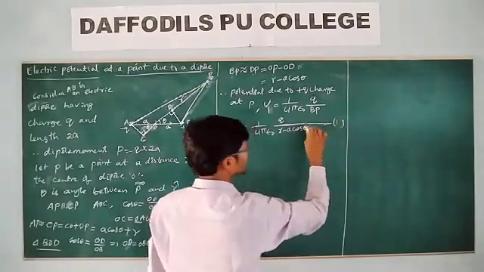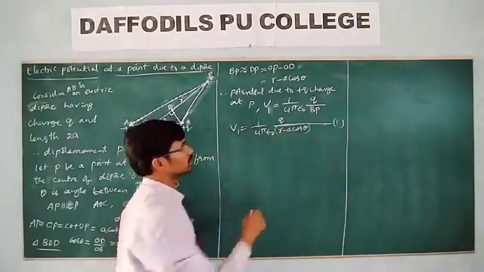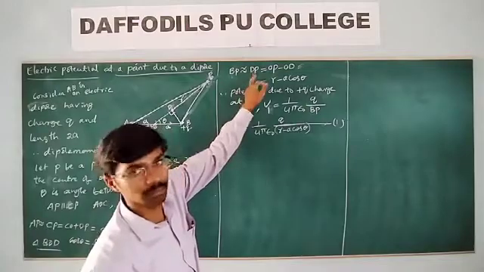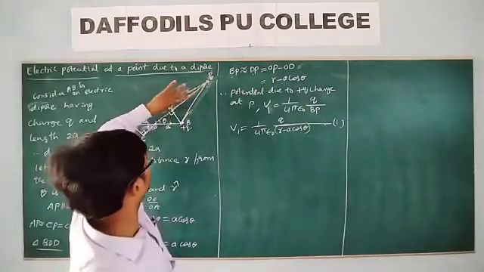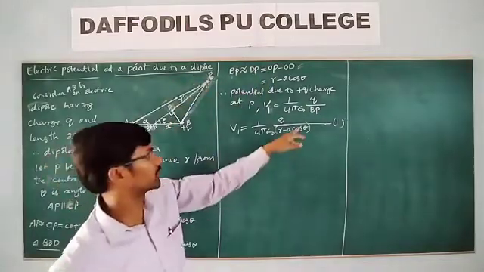Let me take it as the first equation. I hope you understood, BP and DP are both equal, right? R minus a cos theta.